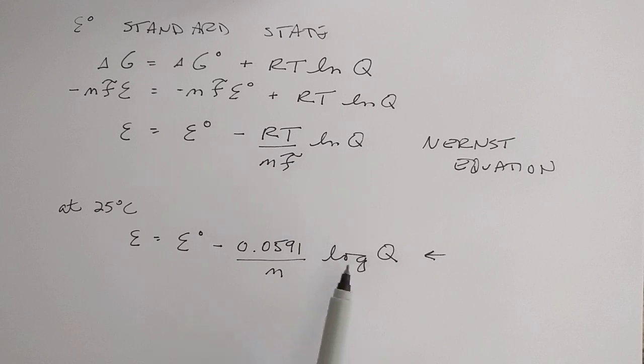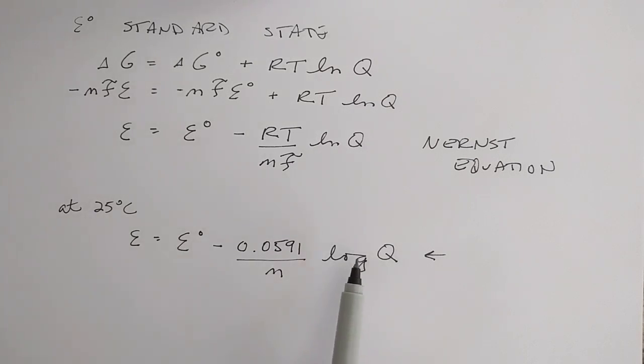So now we can go through the mathematics that we've done before. What happens when our Q is less than 1, when our Q is a fraction? If Q is a fraction, the log term is negative, and the negative of a negative is positive, so our E is greater than the E0.